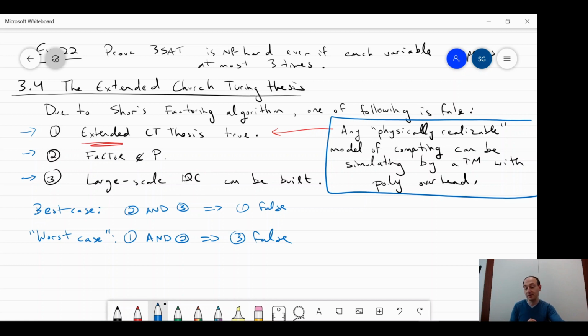Maybe the energy requirements turn out to be too big, or maybe the noise in the system turns out to be too difficult to handle. There's nothing in quantum physics which says large-scale quantum computers cannot be built. So there's no reason to believe that a priori, but it's always a possibility. And in some sense that's the worst case scenario for a quantum computer.